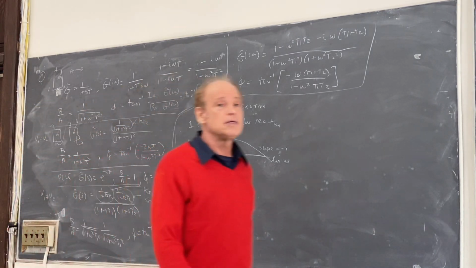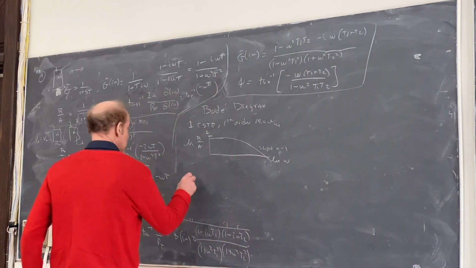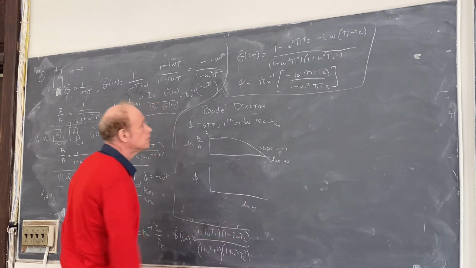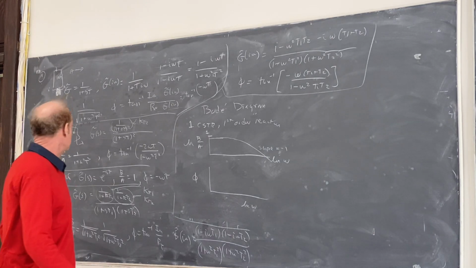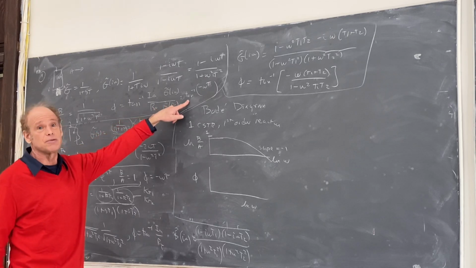So that's the first Bode plot, and the other one is to plot phi versus log omega. So let's look at phi versus log omega. All right, so phi, for a first order reaction, is the arctangent of minus omega t.